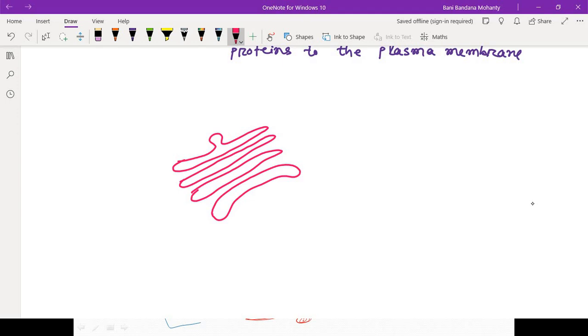And these vesicles bud off. This is the plasma membrane. Not only one vesicle, there are many vesicles that bud off from the Golgi apparatus.